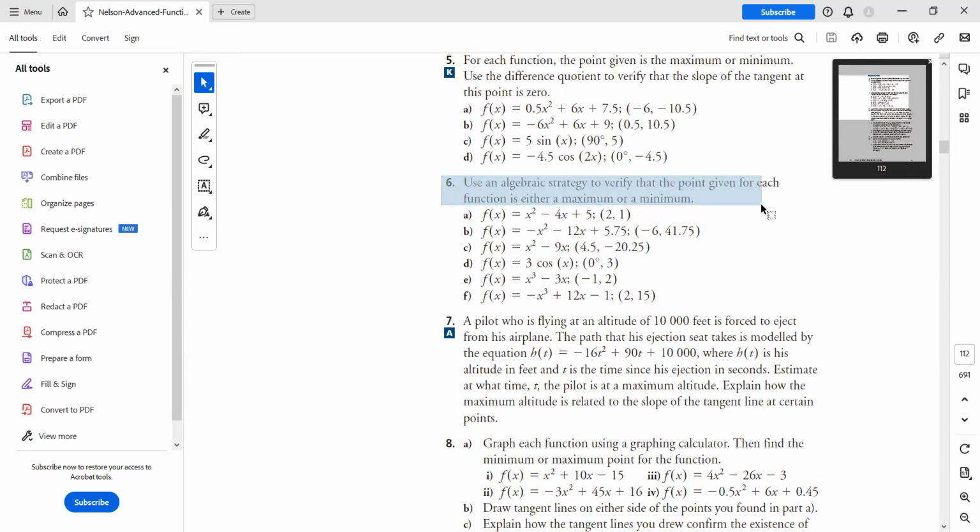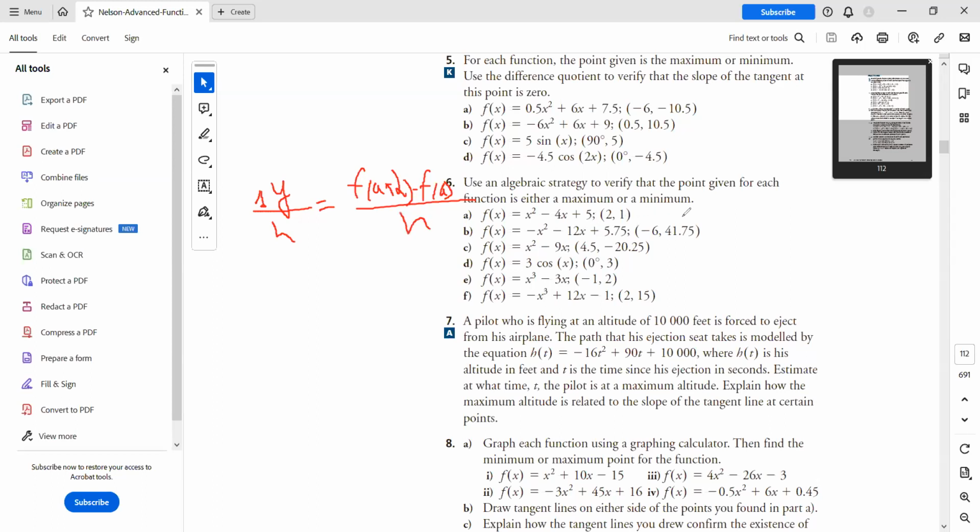Let's do exercise number 6. Use an algebraic strategy to verify that the point given for each function is either a maximum or a minimum. So what do we have to do? First of all, we have to show that it's really a minimum or maximum by calculating its difference coefficient, the instantaneous rate of change at this point: f(a + h) minus f(a), divided by h.